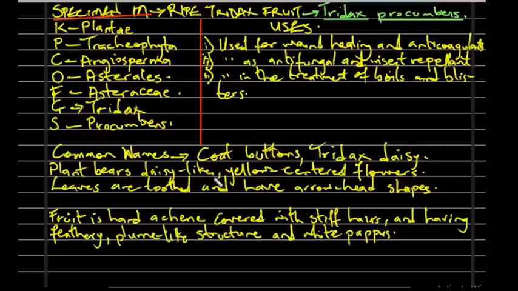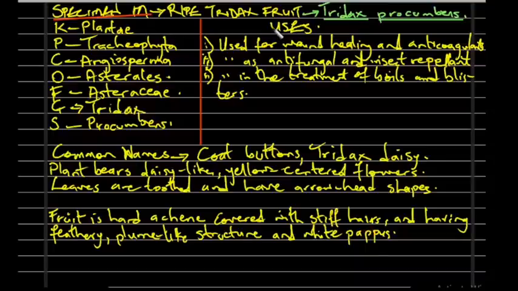The plants bear daisy-like yellow-centered flowers, and the leaves are toothed and have arrowhead shapes. We're talking about the fruit. The fruit of this particular plant is hard, and it is an achene. It is covered with stiff hairs, and they have feathery plume-like structures and white purples.